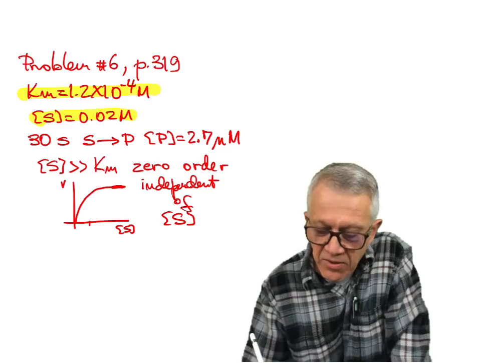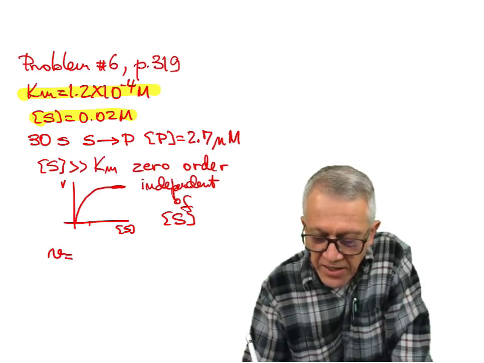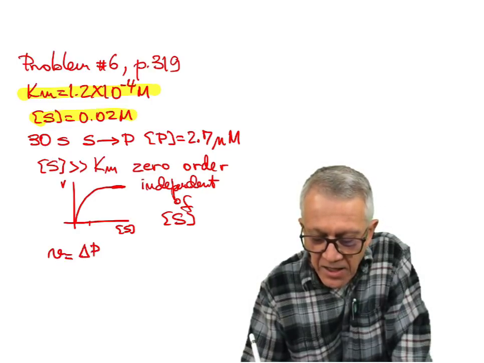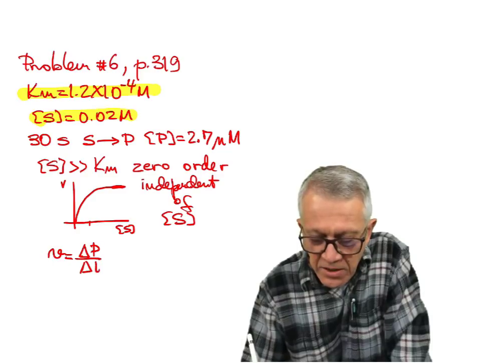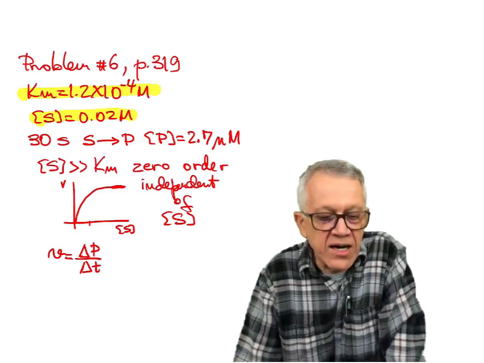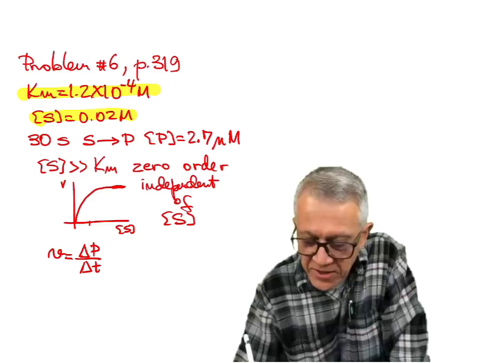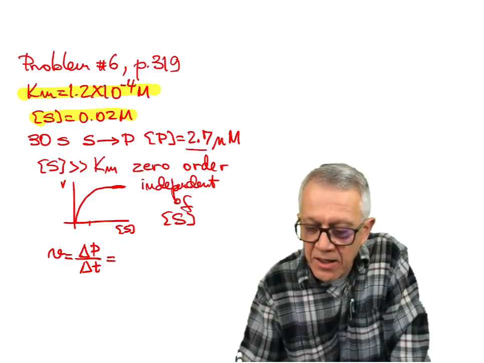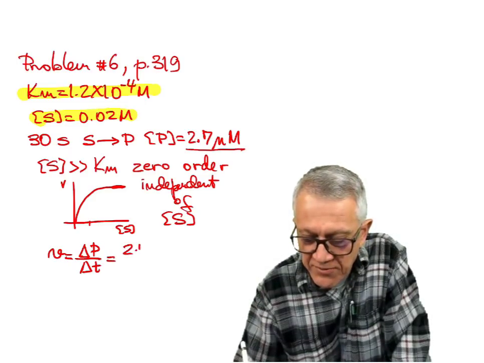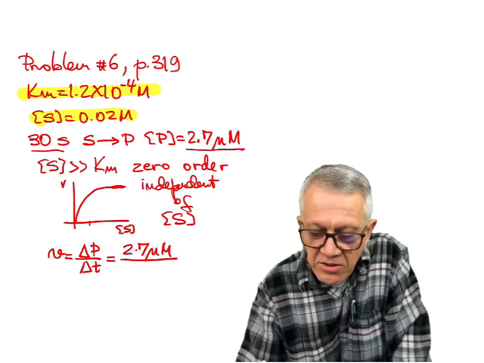In that particular case, the velocity of the reaction is basically how much product was formed in a certain interval of time. We have here the formation of the product. It was 2.7 micromolar, and this happens within 30 seconds.